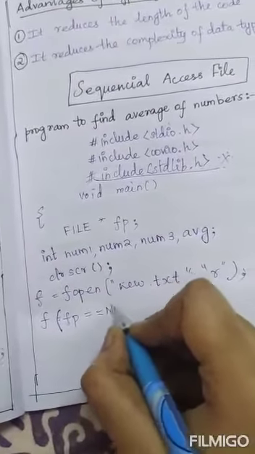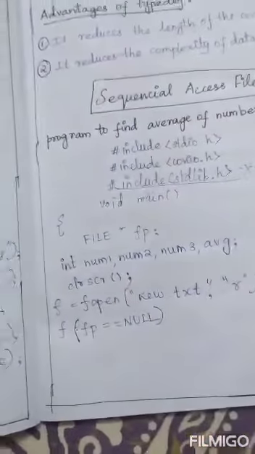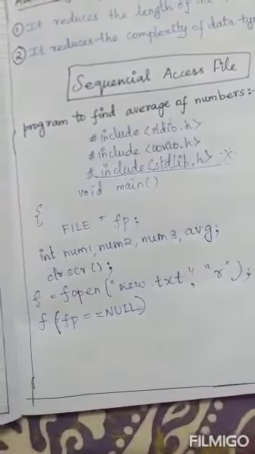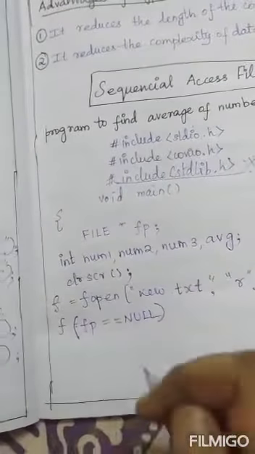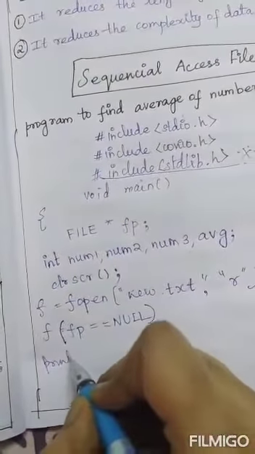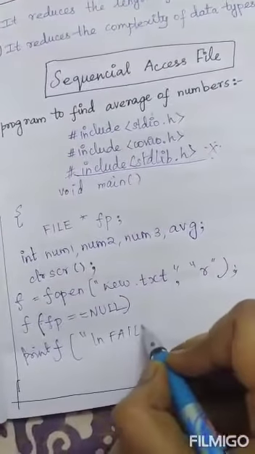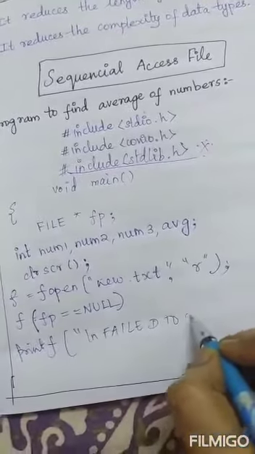If this is equal to NULL, meaning in that folder I am not having any information, it is empty, then the output will print that it failed to open.